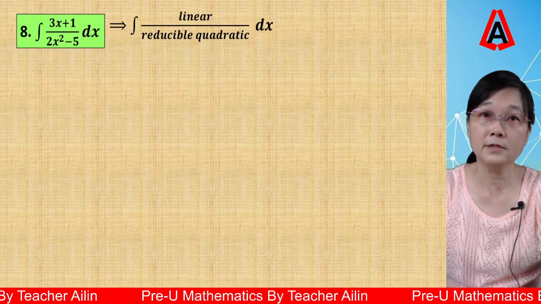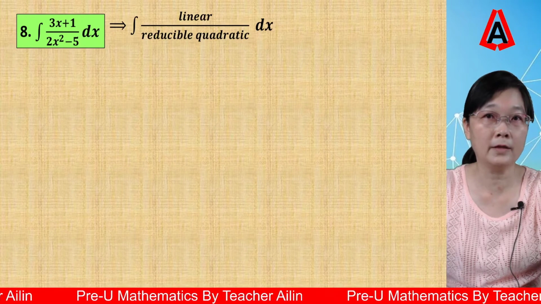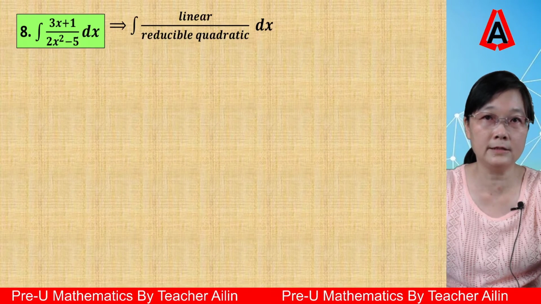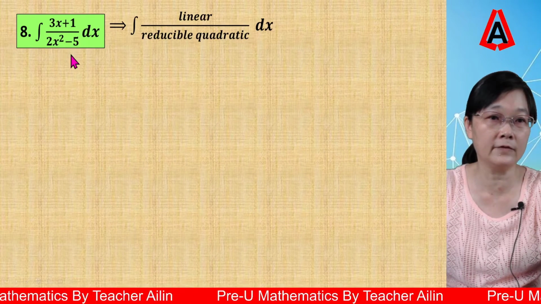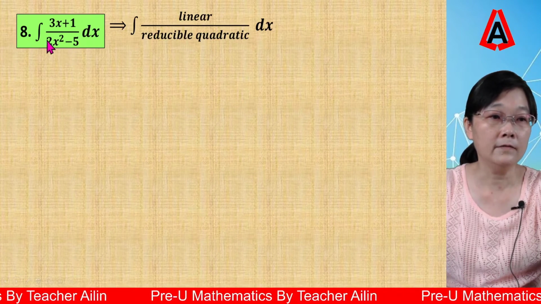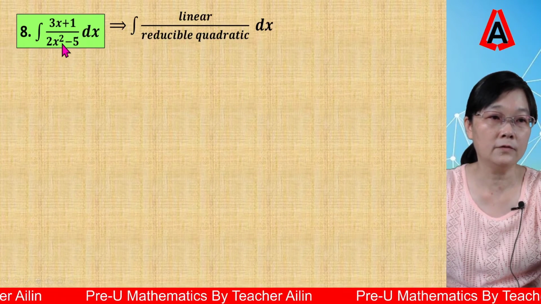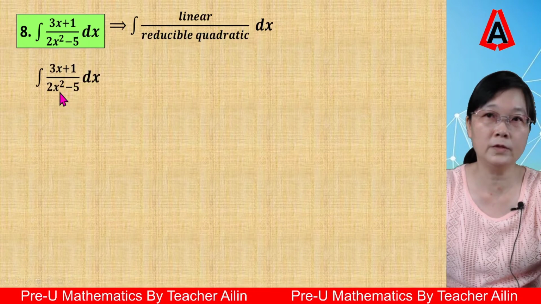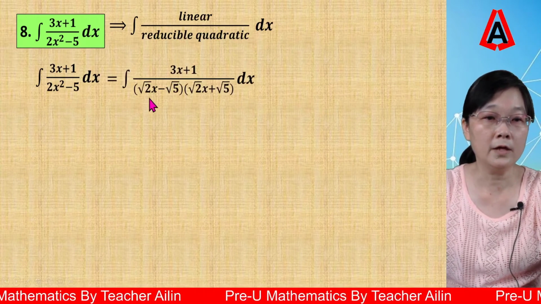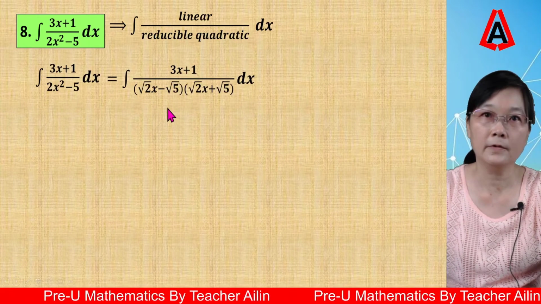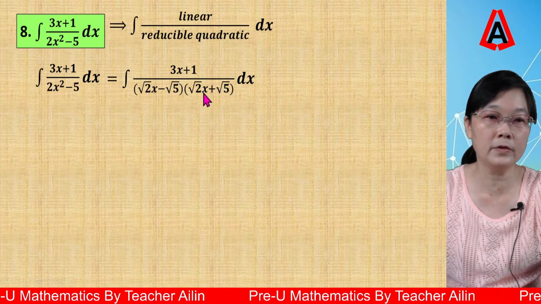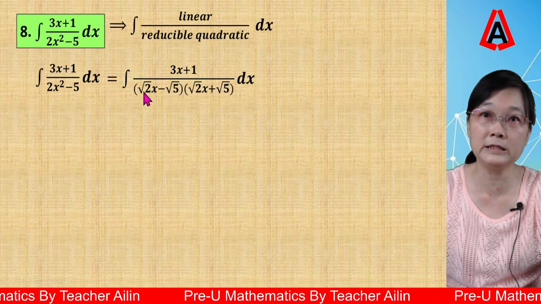For this question, I'm not going to use method 1 as I did in question number 7, because even though we are able to factorize the denominator, we notice that these numbers are not in integer.